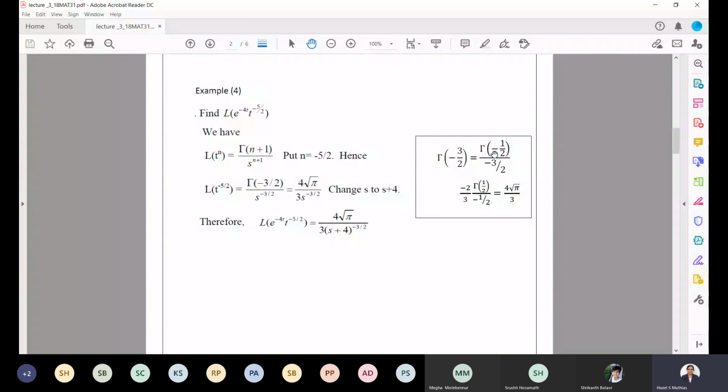So when you write it as minus half plus 1, minus half comes outside and you get gamma of half divided by minus half. So that is nothing but, here minus minus gets cancelled, 2 goes to the numerator, 4 by 3 root pi. I have asked you all to go and study how to find the gamma function for different kinds of problems.